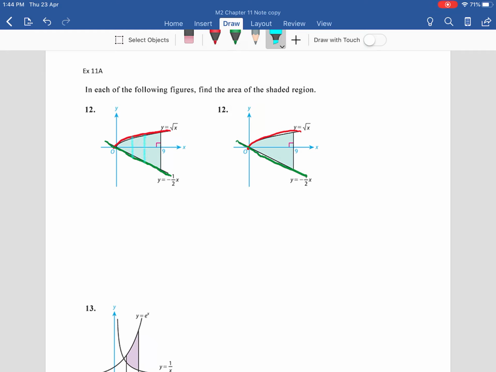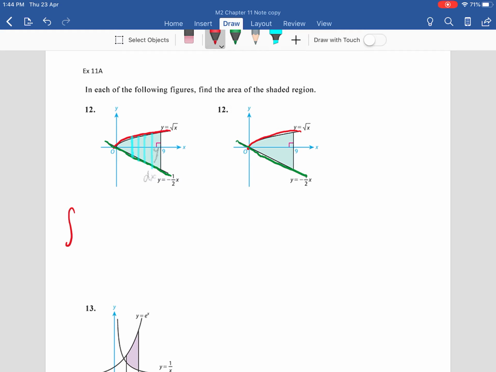If you want to cut it horizontally or vertically, then you know that this value is y, and this is the dx of its strip.